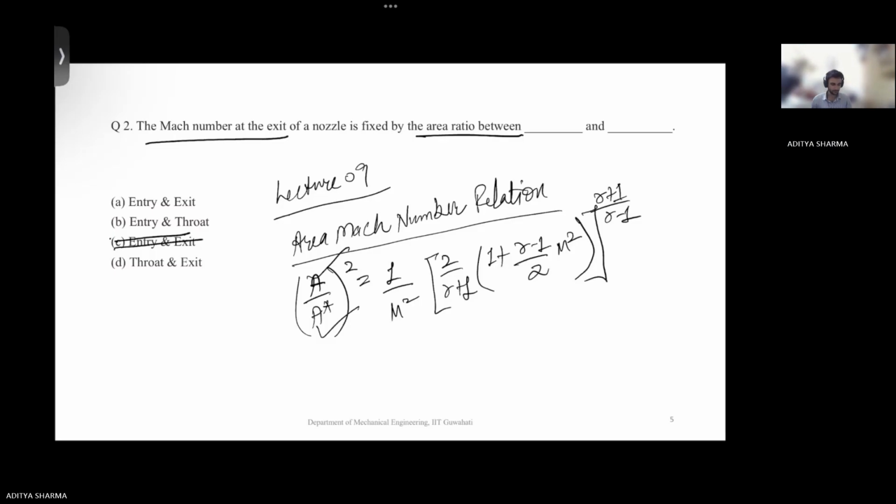So this area then becomes the area at the exit.